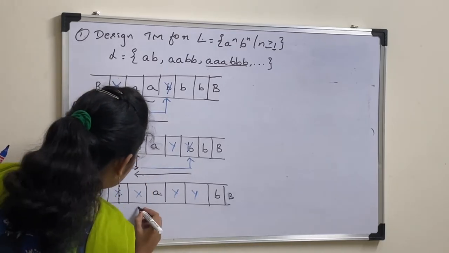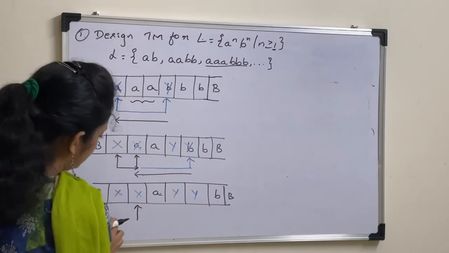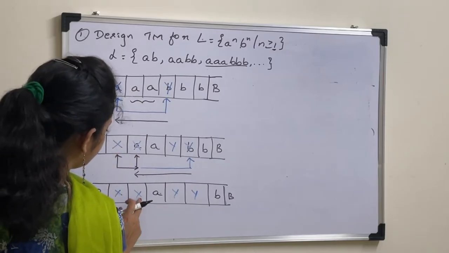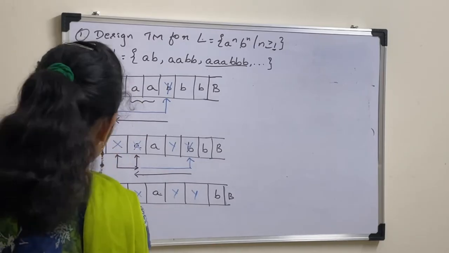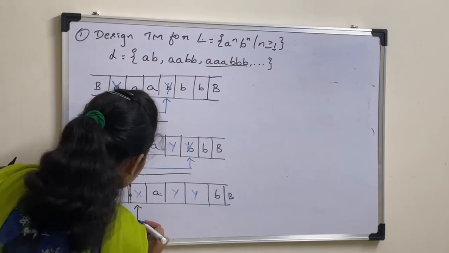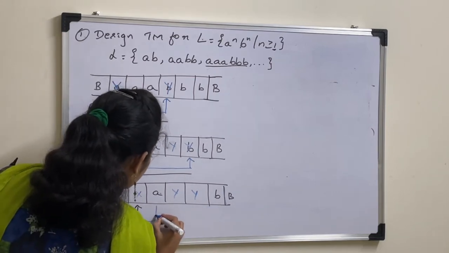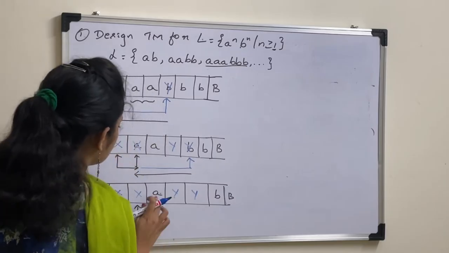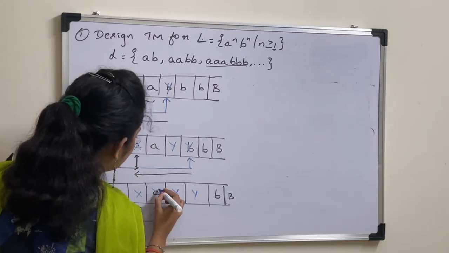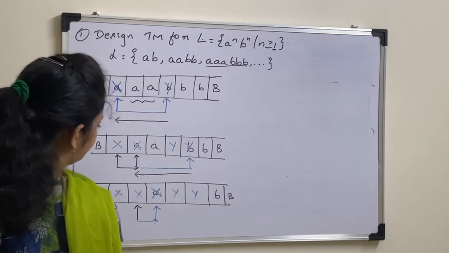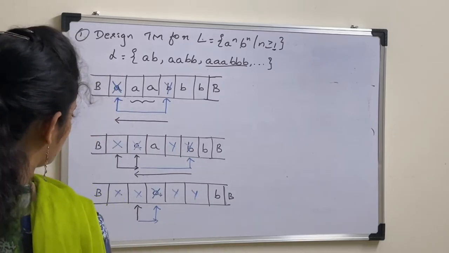Now here the tape head is pointing to this symbol X. From here you need to move one position to the right until you get this A. So now mark this A with X. Same approach.